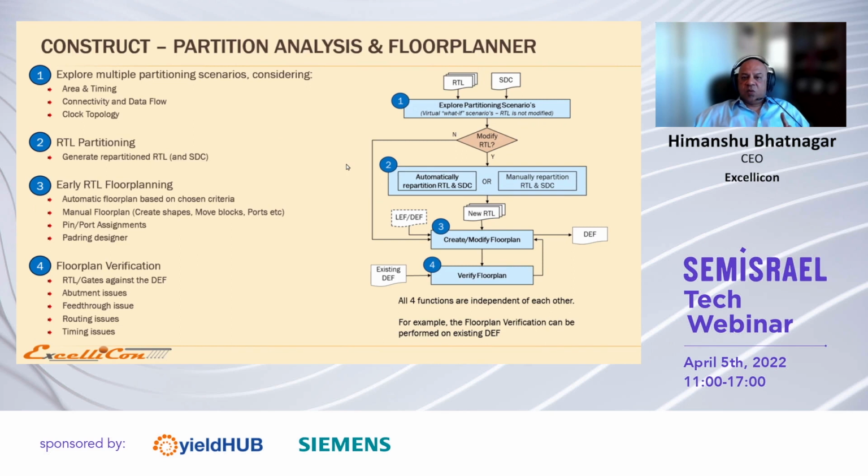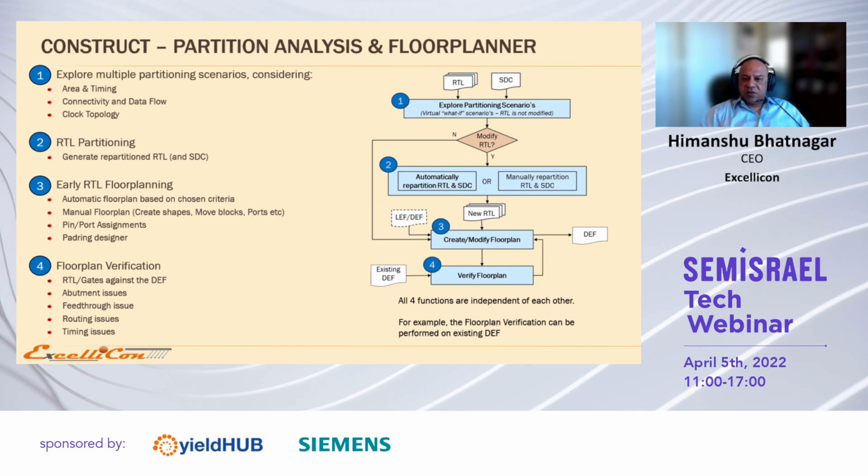Now, what if you want to modify the RTL based on the tool? Or you can do it manually. Most people like to do it manually. Or you can ask the tool to do the RTL partition automatically, and it will generate a new RTL for you. The third thing is the RTL floor planning. This is going at the RTL level. You don't need to go into physical.